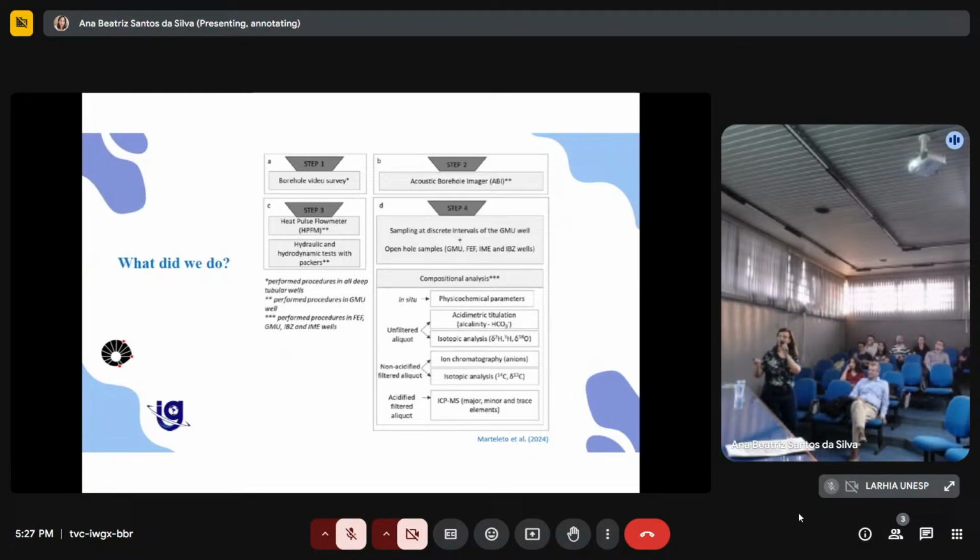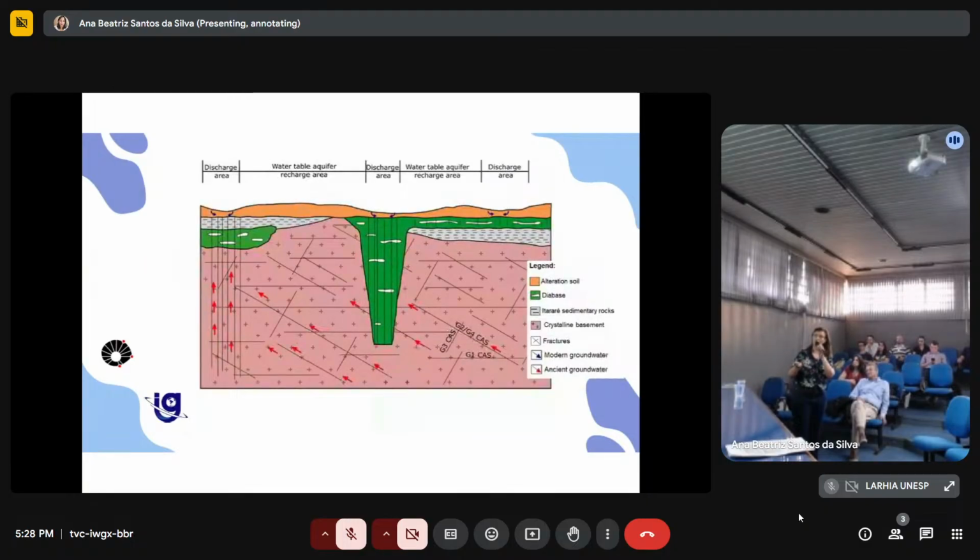So we can also have these minor and trace elements from the groundwater. And we also collected samples for stable isotopes determinations, and for tritium dating and carbon-14 dating.